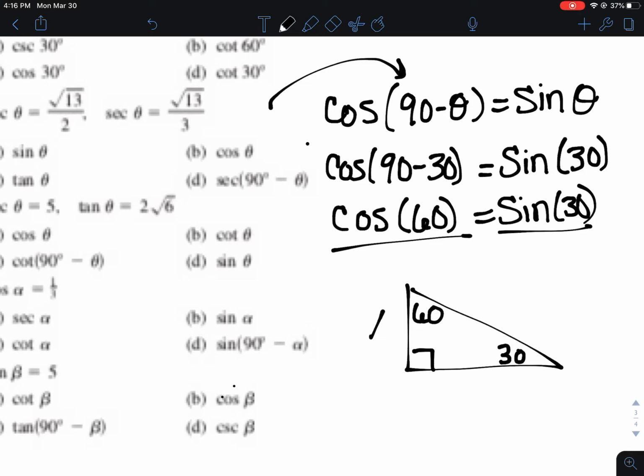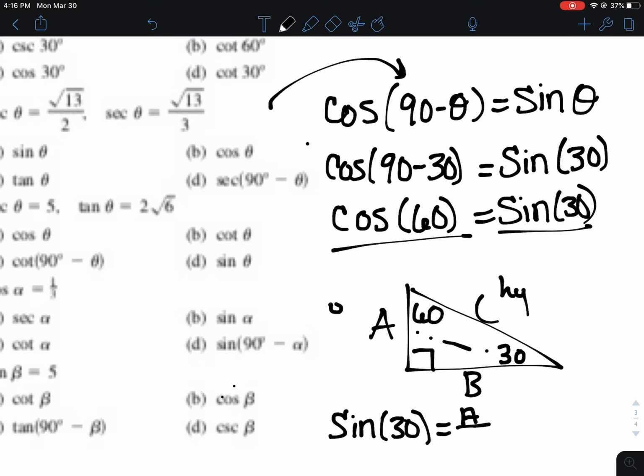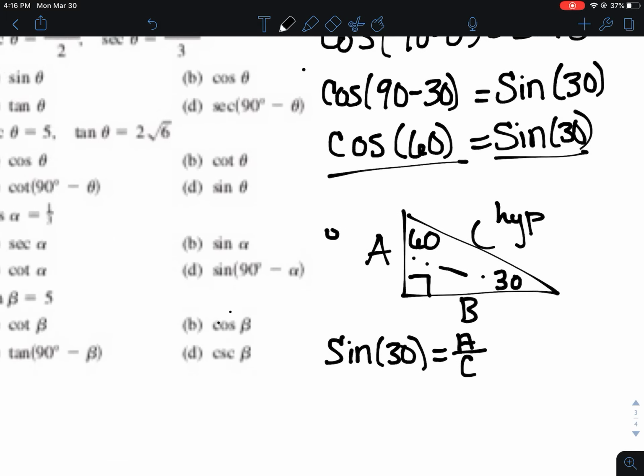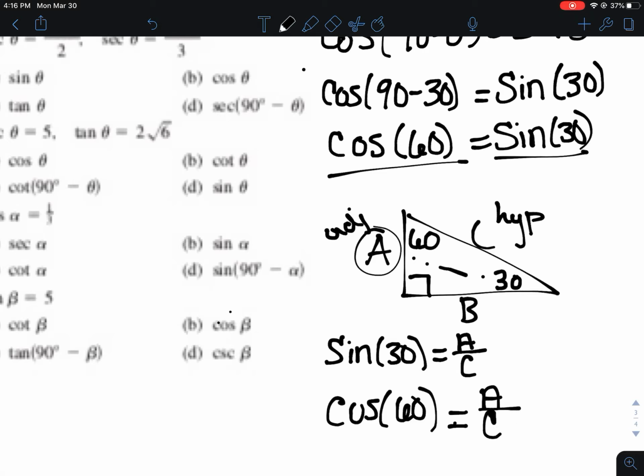We'll call this A, B, and C. If I want the sine of 30, it's going to be the opposite, which is A, over the hypotenuse, which is C, right? All right, so let's look for the cosine of 60. Cosine is adjacent over hypotenuse. This time the adjacent side happens to be A, and the hypotenuse happens to be C, right?